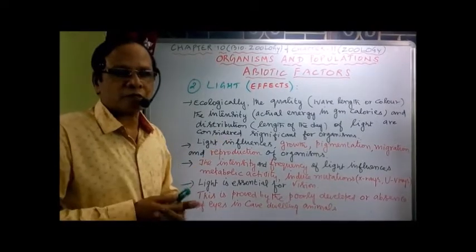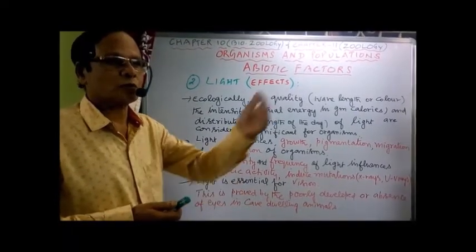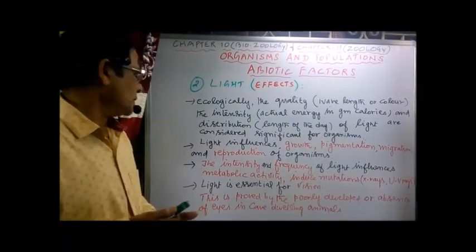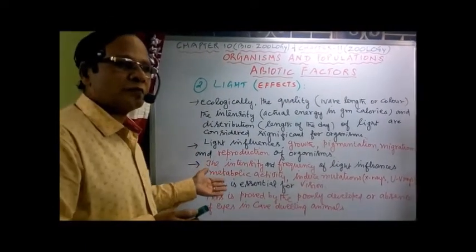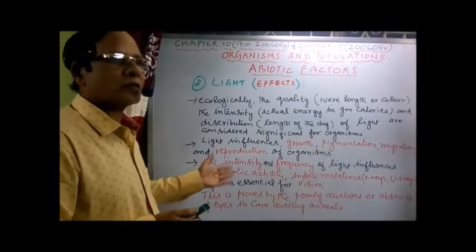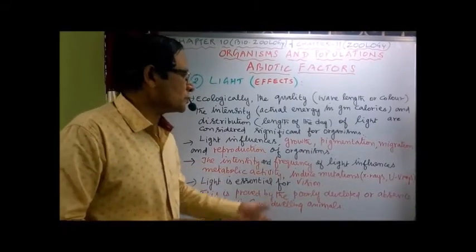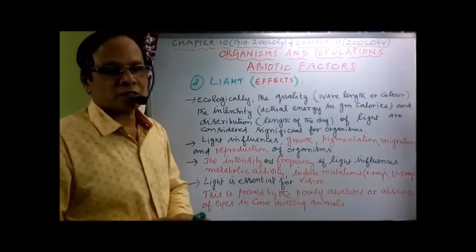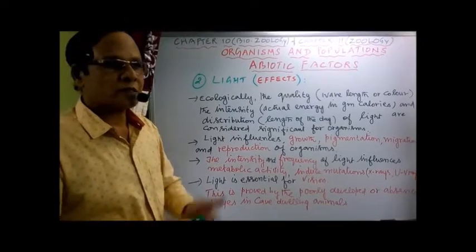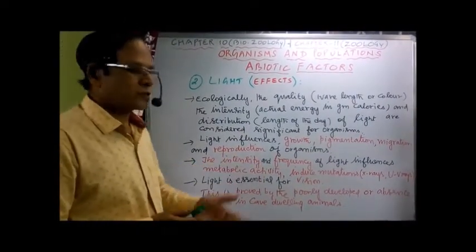The rate of reproduction increases in animals which are exposed to more light. Now, the intensity and frequency of light influence the metabolic activity, the chemical reactions, and also induce mutations. For example, radiations like X-rays and UV rays cause mutations. Light is also essential for vision.